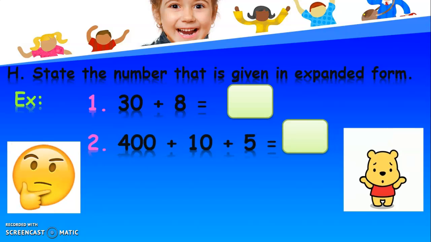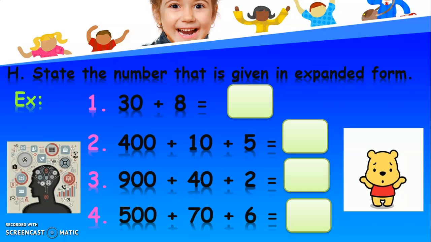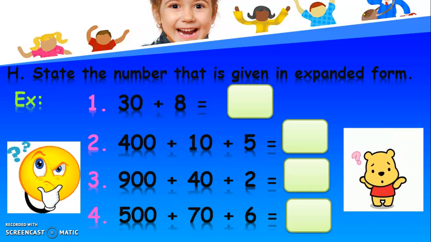Think of the answer for number 2. Also for number 3. And then for the last number, number 4, try to think of your answer. If you are finished, we can now check if your answers are right.